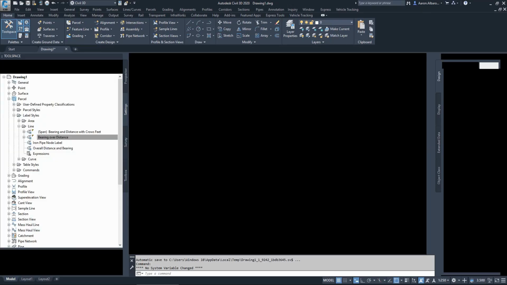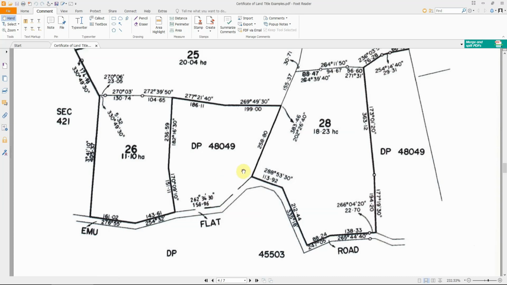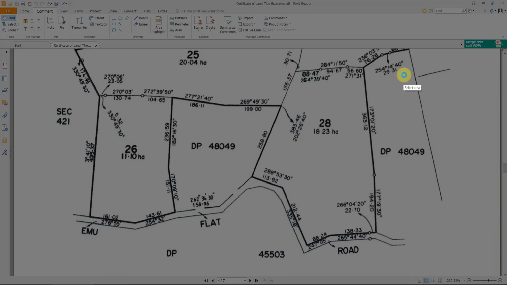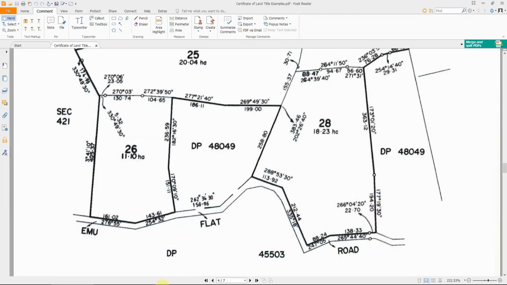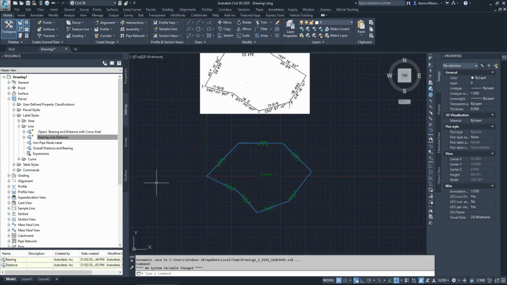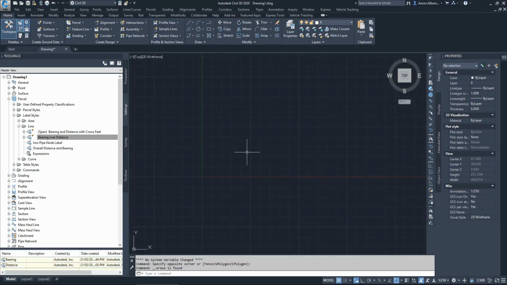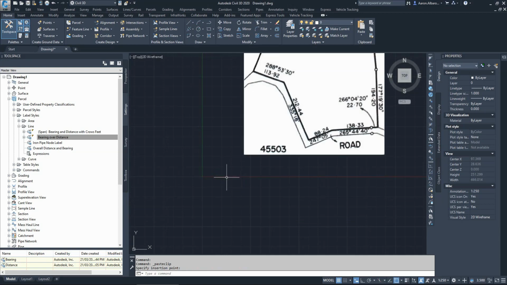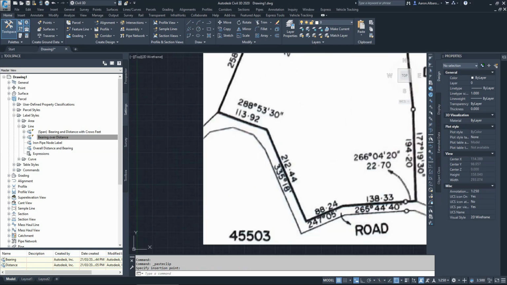If I go back here, let's take this into Civil 3D. Print screen that area, and simply go to Civil 3D. Let's delete all of those, we don't need them anymore. Paste it here, and as we did before, let's scale one of these lengths so we can get it correctly.